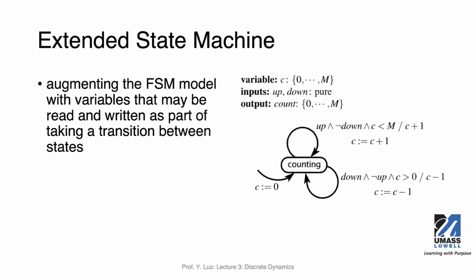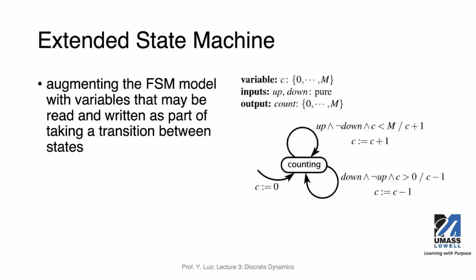Okay, so we're going to go into the next few slides about extended state machines. I hope you still remember the first state machine that we talked about today, the garage car counting machine, where we had m+1 states. Here we're trying to do the same thing, but we are changing the finite state machine model with variables that may be read and written as part of taking a transition between states. So let's look at the diagram on the right.